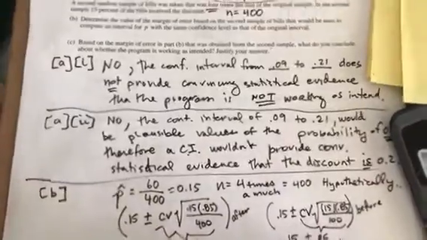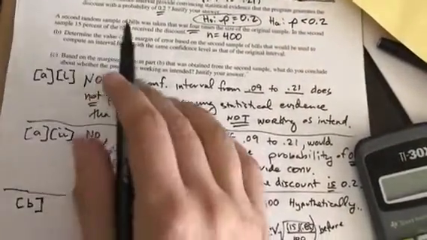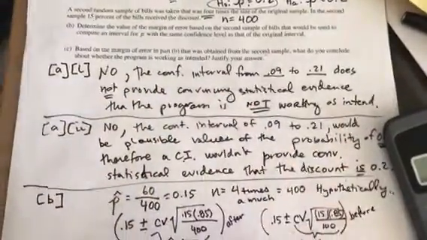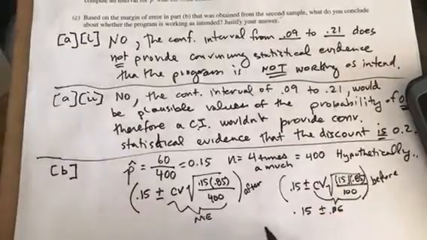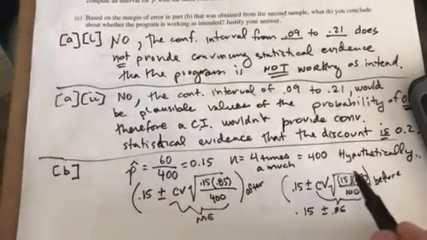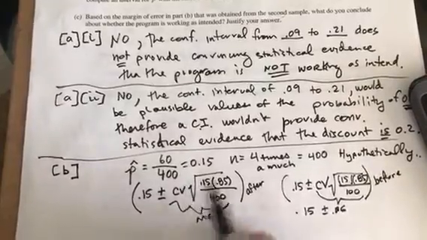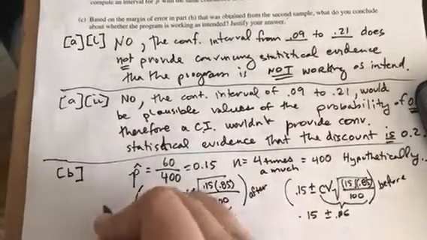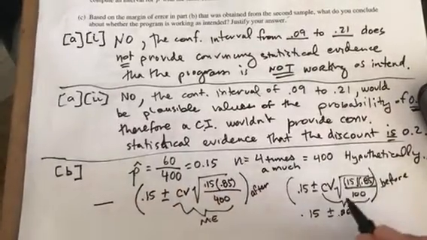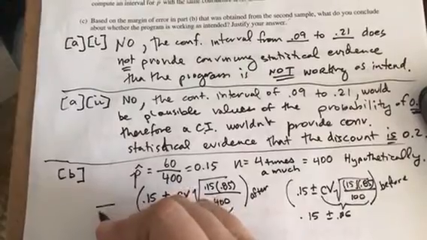So now they're asking me to calculate the new margin of error if I end up increasing n by 4 times as much. So notice what happens here: this value ended up becoming this, and this stuff is the same value. The only thing different is, instead of being over the square root of 100 in the denominator, I'm over the square root of 400.